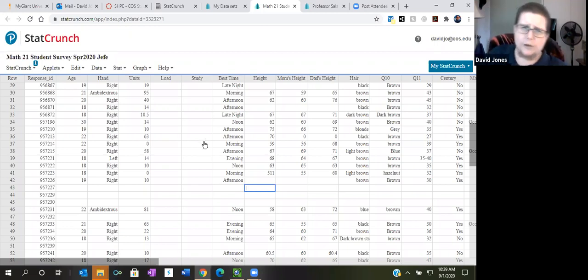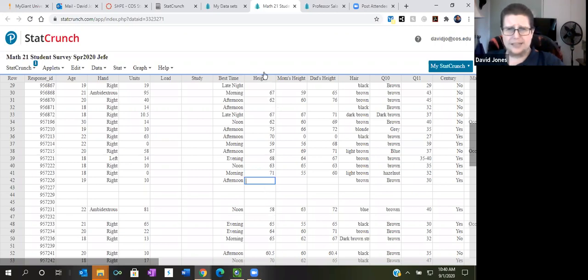That's like a 4-story building. No one is 4 stories tall. So either you can delete it, or if you think you know what they mean, like I think this person said 5'11", I could optionally replace this with 5'11" in inches. 5 feet is 60 inches, and add 11 would be 71. And I can do that.